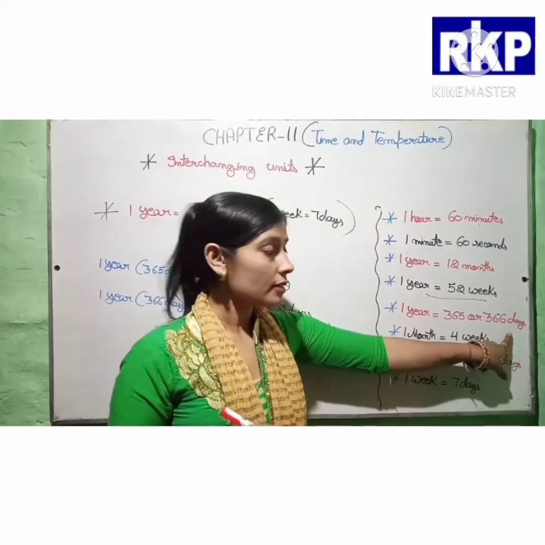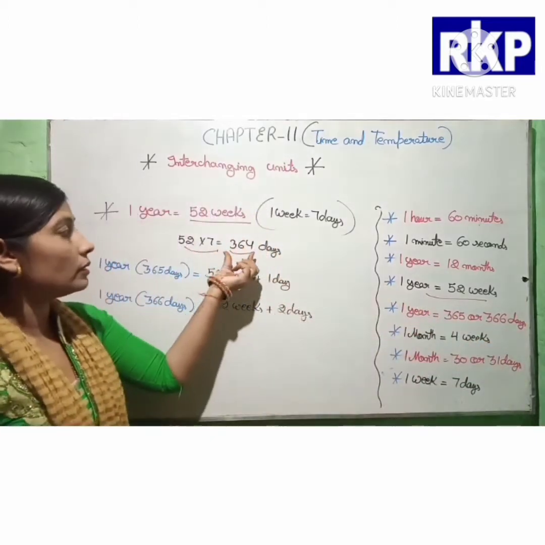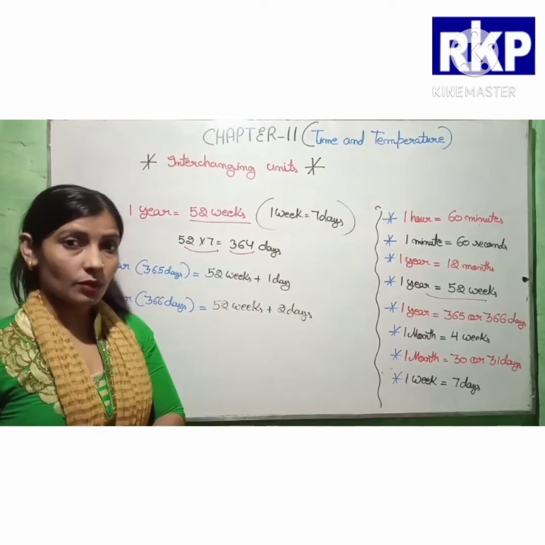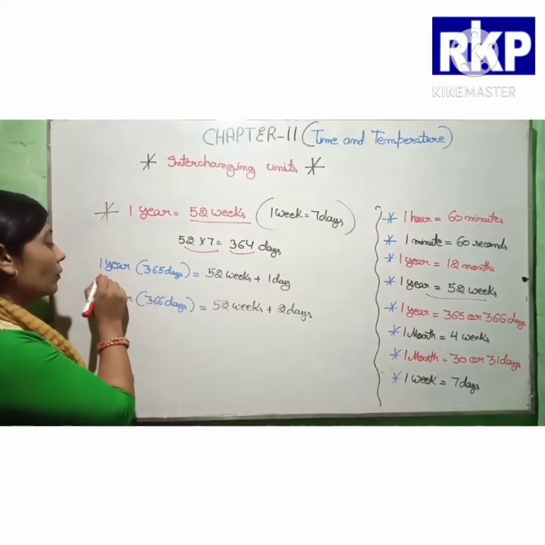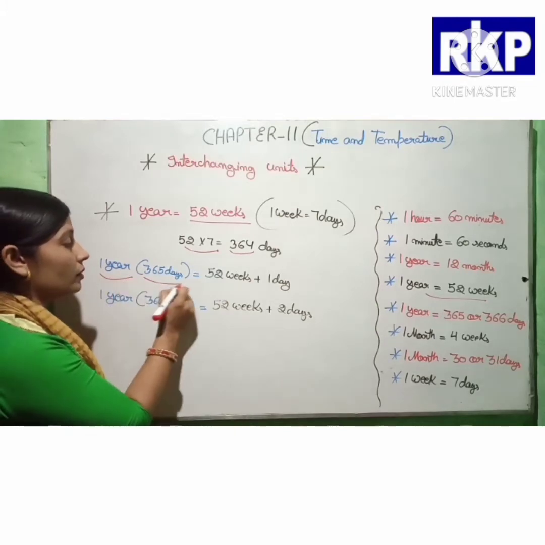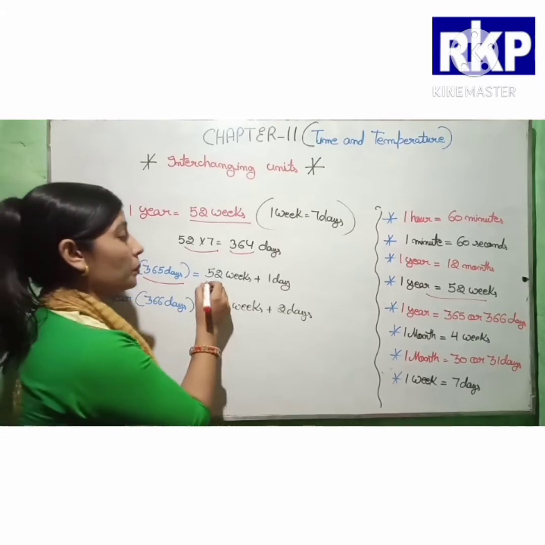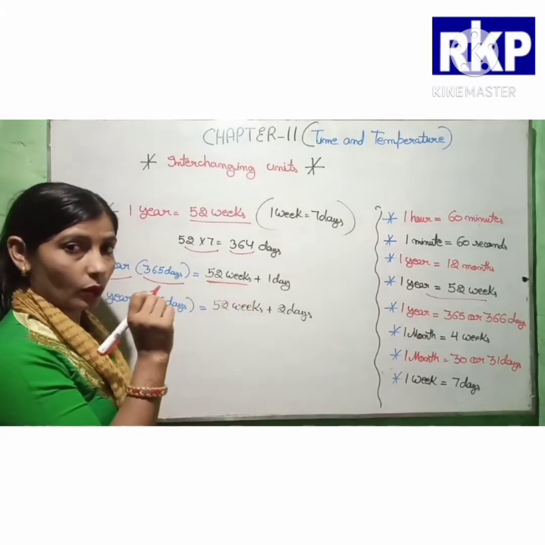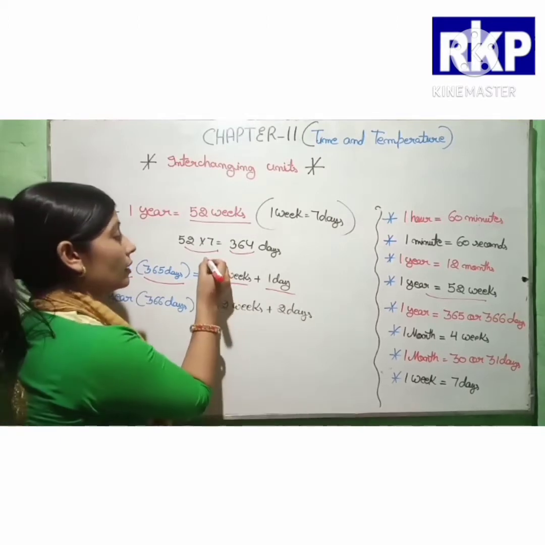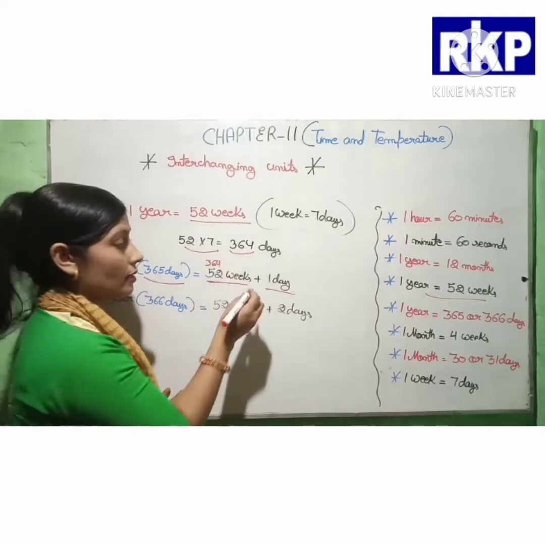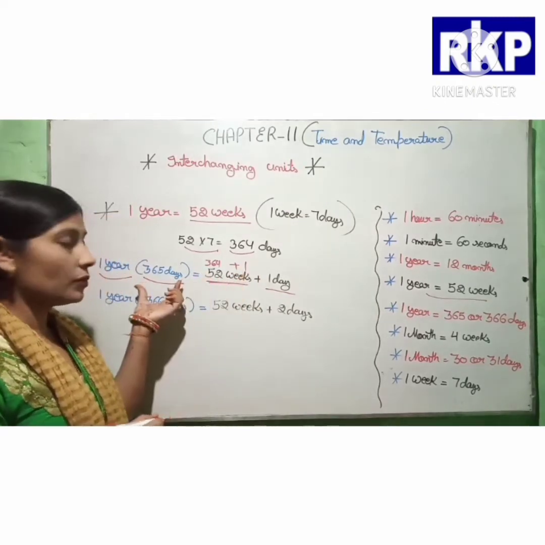A leap year has 366 days, but here only 364 days. So, what is the reason? Here you can see 1 year with 365 days is equal to 52 weeks plus 1 day, because 364 days plus 1 day means 365 days.